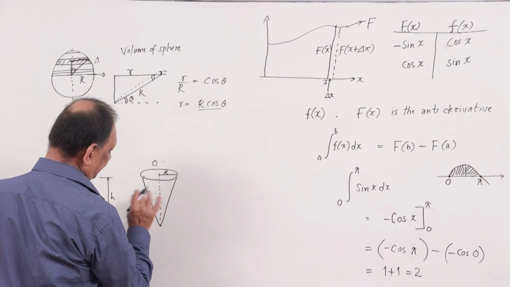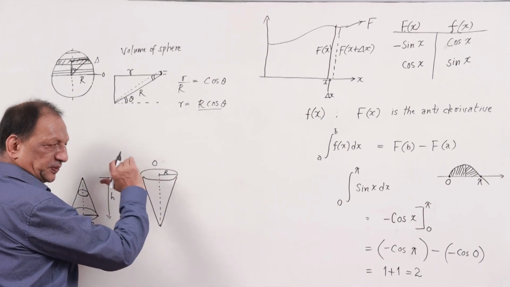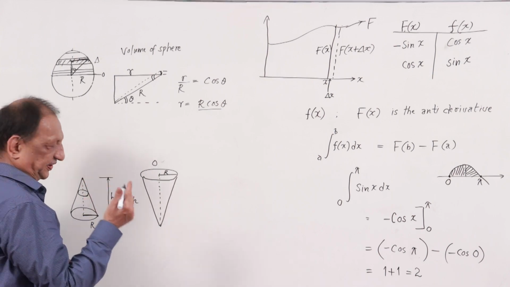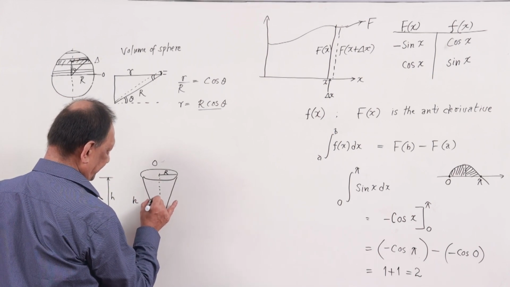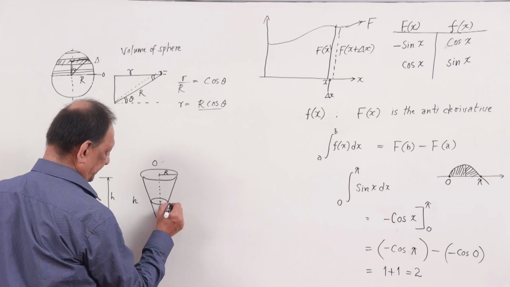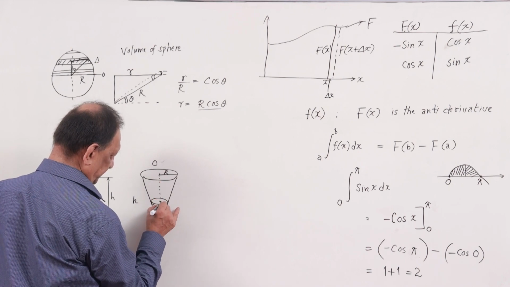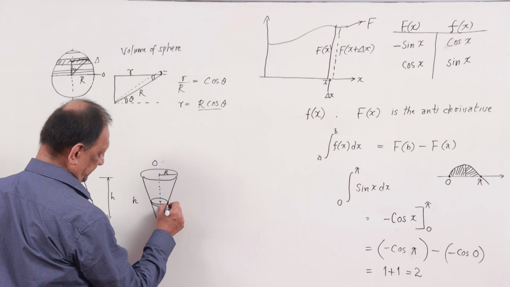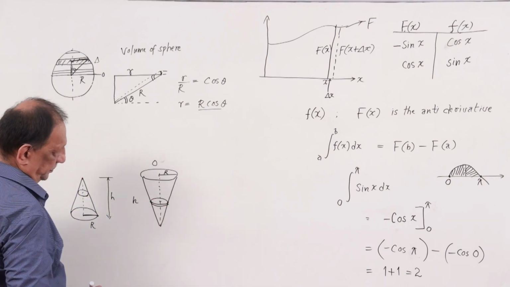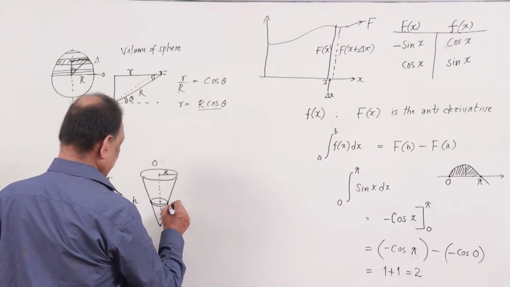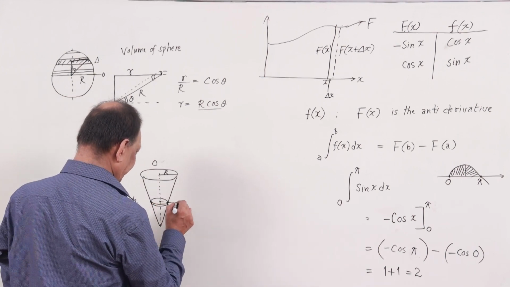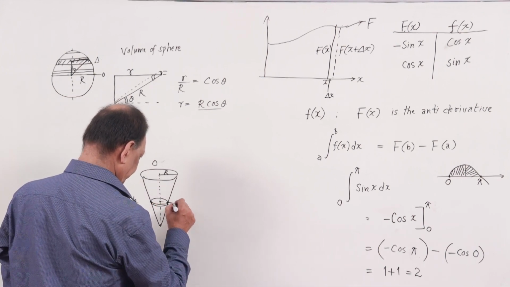As usual, you slice the cone into pieces, and each becomes a disk, right? So, supposing I make a disk here, at a distance of x from here.